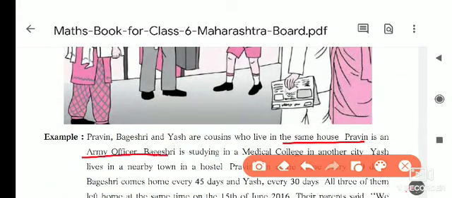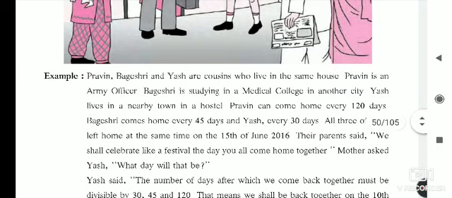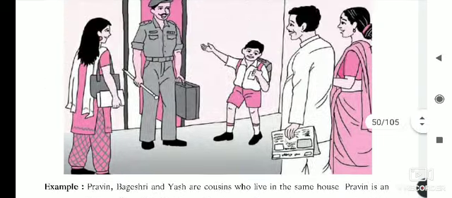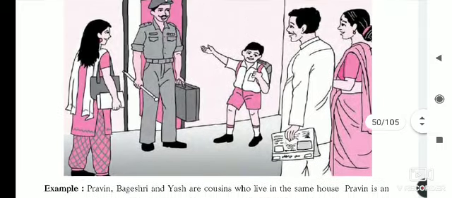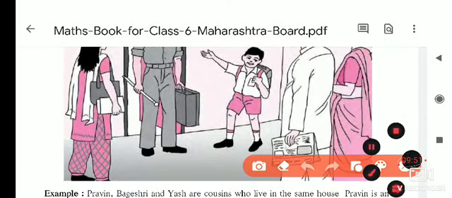Praveen is an army officer. Bhagyashri is studying in a medical college in another city, and Yash is living in a nearby town in the hostel. So here they are cousins.